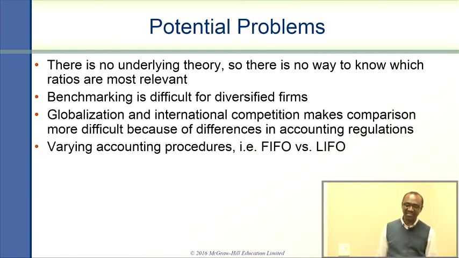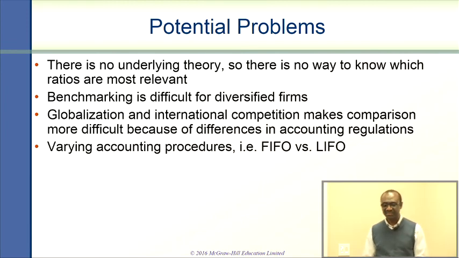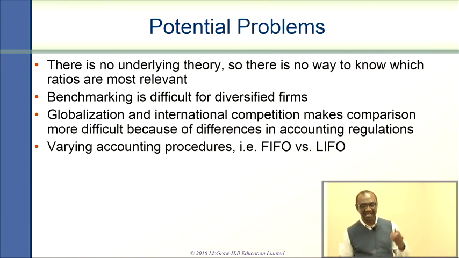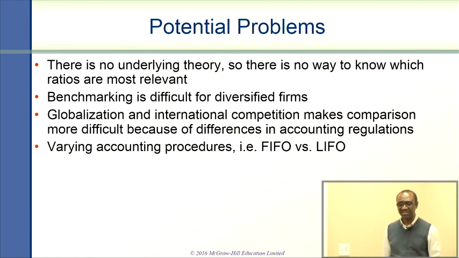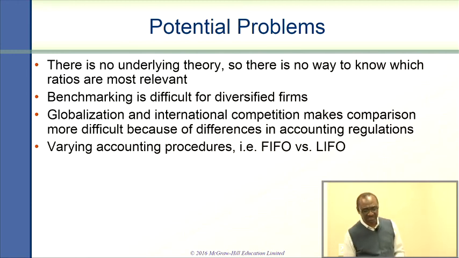Equally, accounting procedures vary, such as FIFO, which means first in, first out, versus LIFO, last in, first out, methods of valuing inventory. This is another accounting procedure which makes comparison, particularly with ratios, much more difficult.